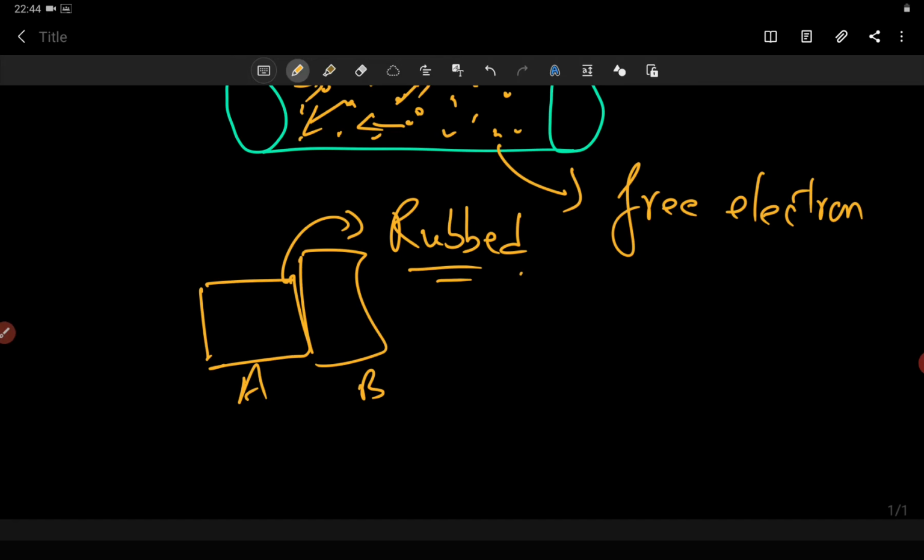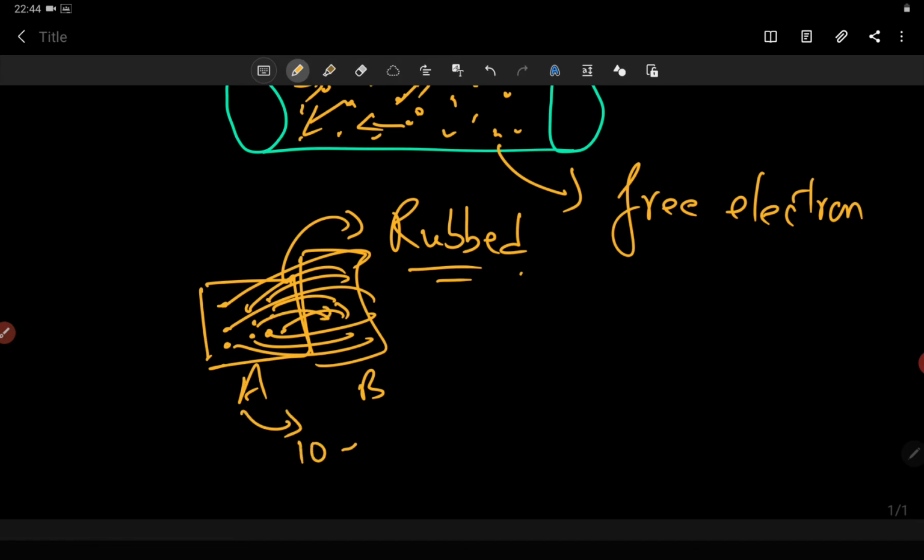Those that have more free electrons will tend to lose them, and those that have fewer will tend to gain them. Now suppose A loses 10 electrons: 1, 2, 3, 4, 5, 6, 7, 8, 9 and one more, 10. So A is losing 10 electrons.